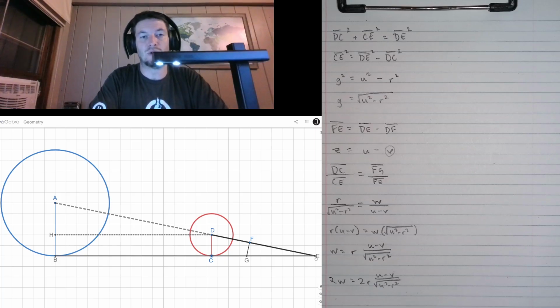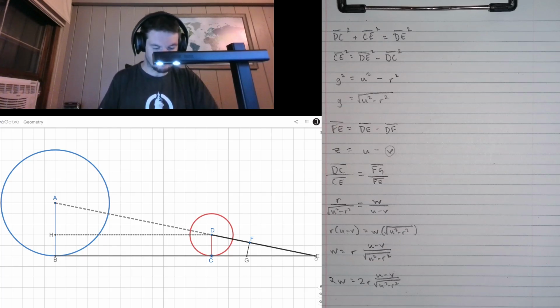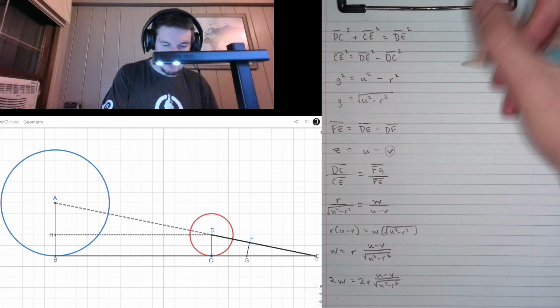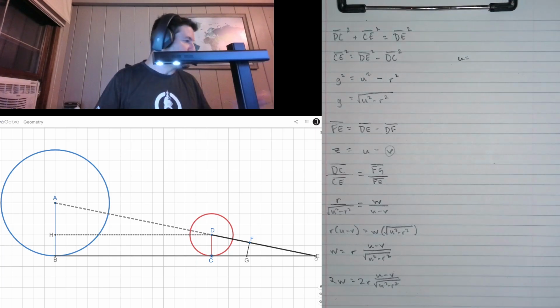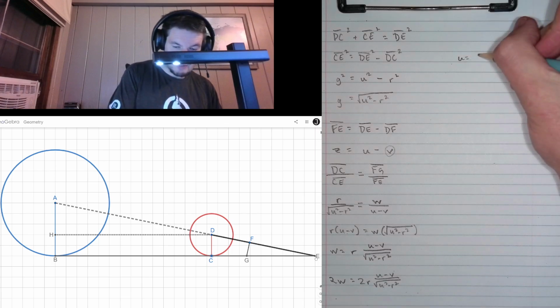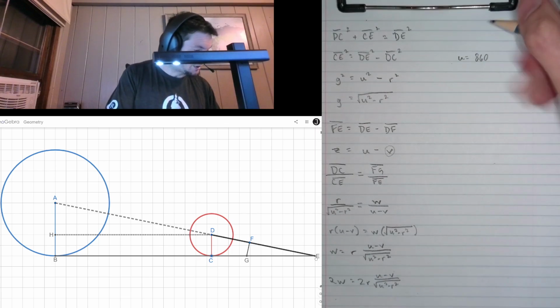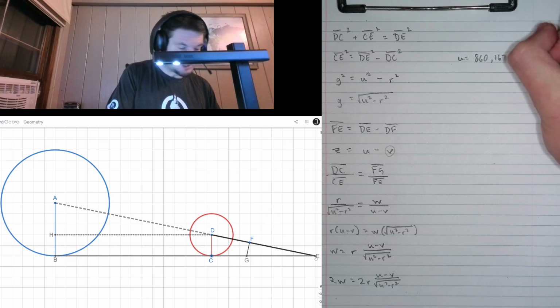So let's plug some values into this. Let's say we want to know how big the width of the umbra of the Earth is at a distance of 238,900 miles, assuming that the Earth is 93 million miles from the Sun. So we're going to go back to our value for U, which was 860,167.6 miles.